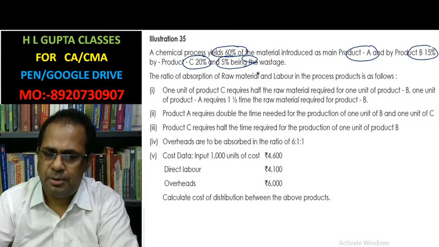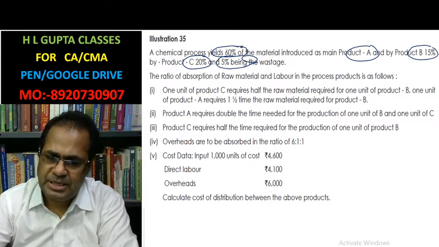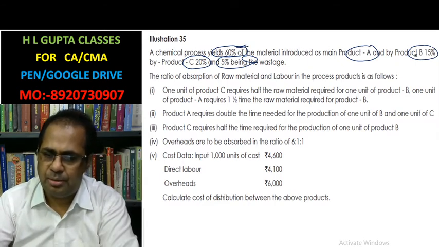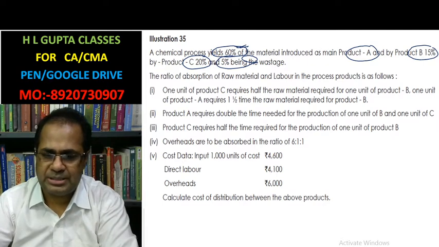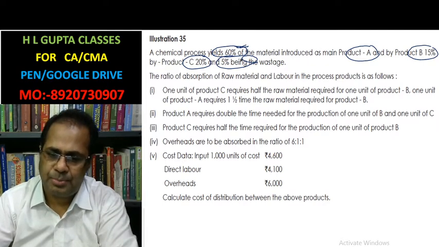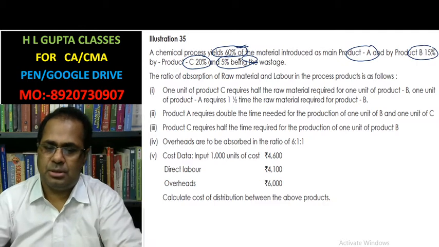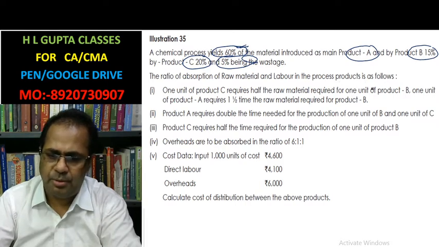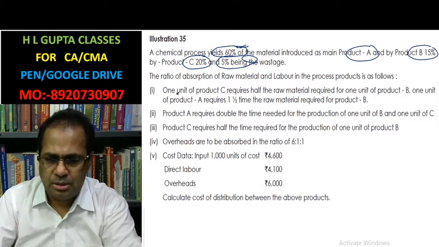It means 60% of the material introduced produces main product A, byproduct B is 15% and C is 20%, and 5% is wastage. The ratio of absorption of raw material and labor is given here.